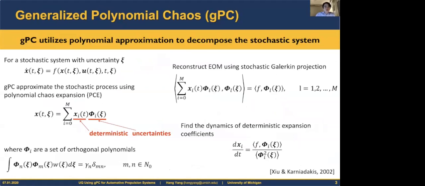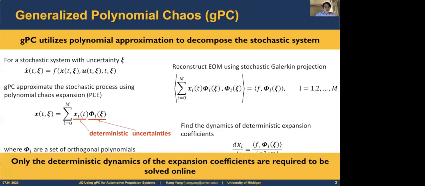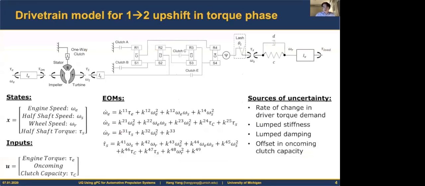We can then reconstruct the equation of motion using stochastic Galerkin projection and find the dynamics of the deterministic expansion coefficients Xi. The takeaway point is that only this deterministic dynamics is required to be computed on the fly. There's no need to sample, which greatly reduces the computational complexity for online simulations. To demonstrate the performance of this approach, we use the following drivetrain model in a torque-based simulation for 1-2 upshift.